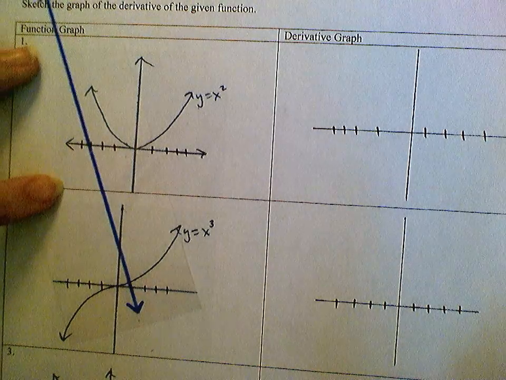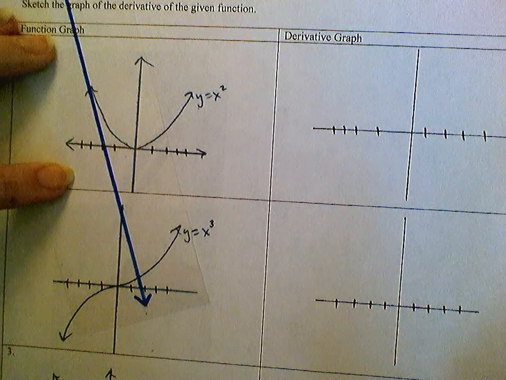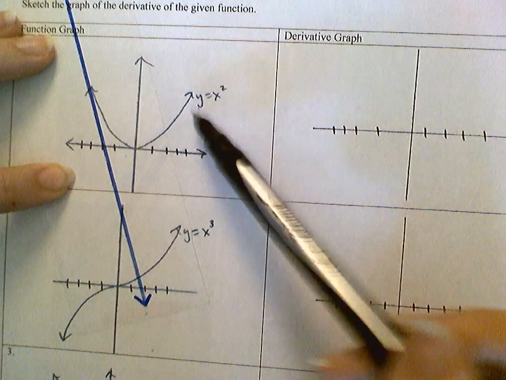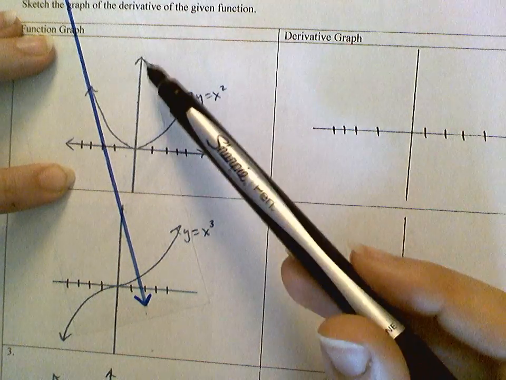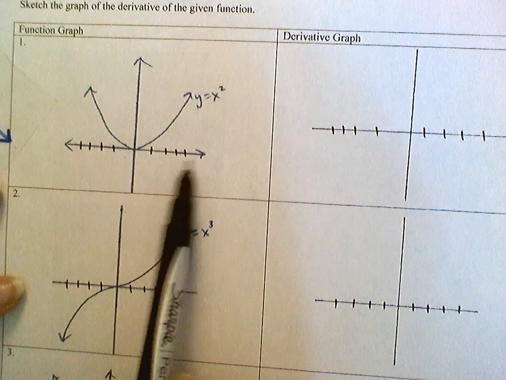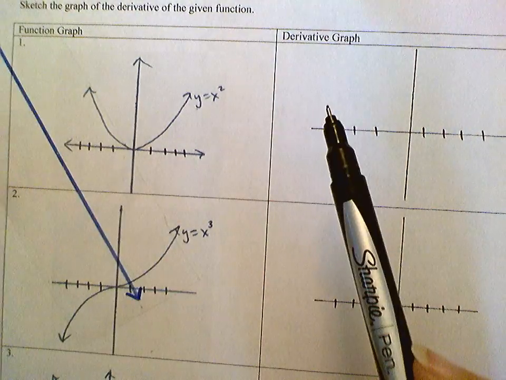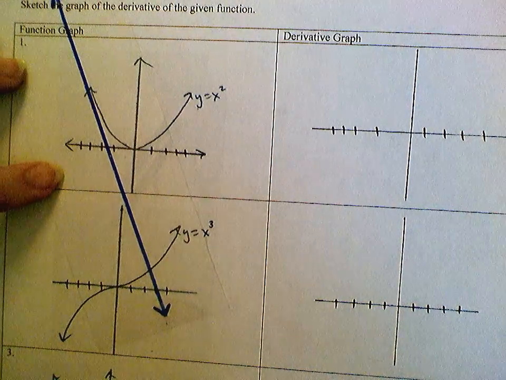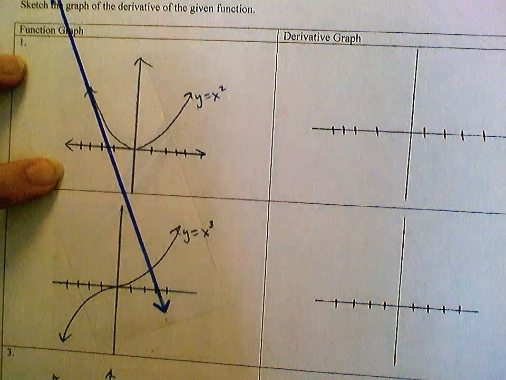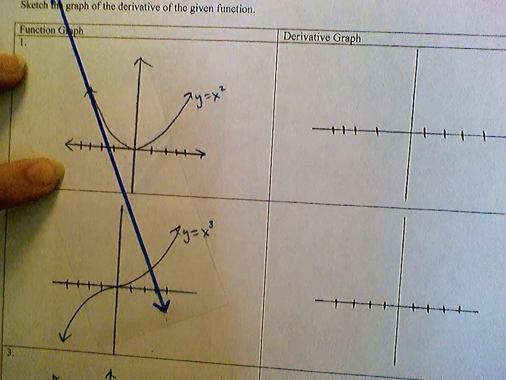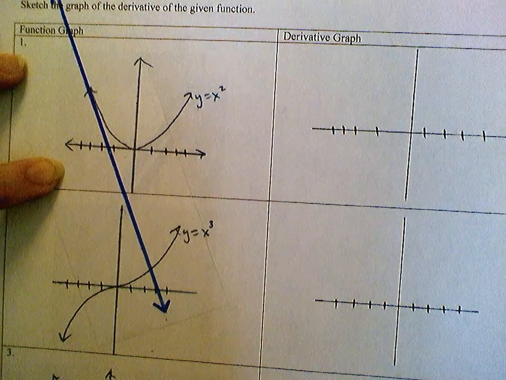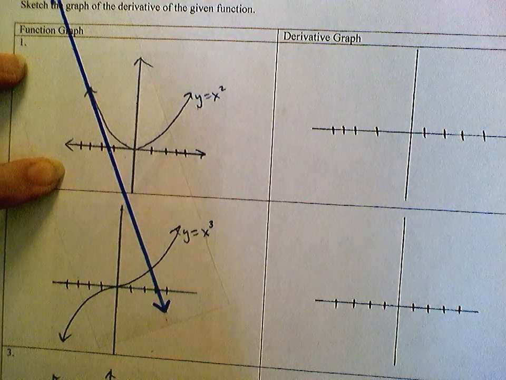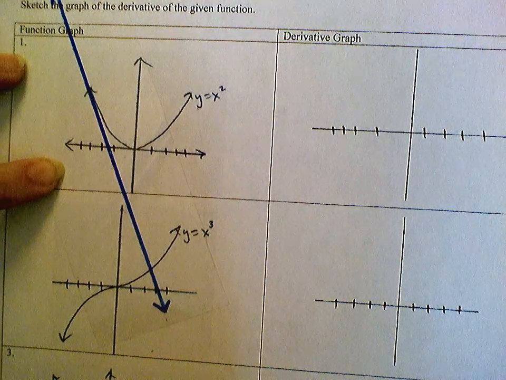And then, now that the video is unpaused, because hopefully you're done doing that, I'm going to put my transparency up to the graph, and I'm going to think about the slope. Other than the fact that I know this is y equals x squared, let's suppose that I scaled this differently, so don't rely on numbers here. Let's say we don't really know what that slope is, but what can we say about it? We can say, number one, that the tangent line is decreasing, so that means that the slope is negative.